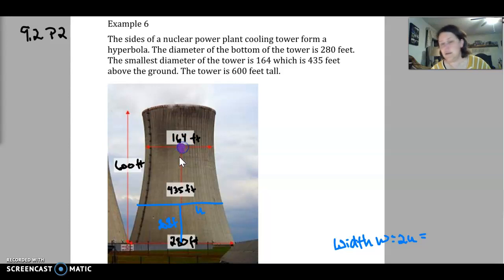So if we say this is the center, we're going to center that at 0, 0. Then we can start to pick apart a hyperbola and an equation for that hyperbola. So let's put, okay, so this is one branch of our hyperbola there, another branch over here.